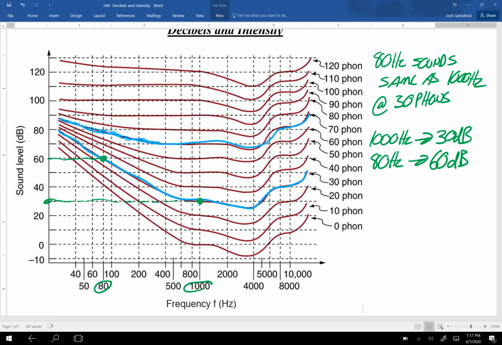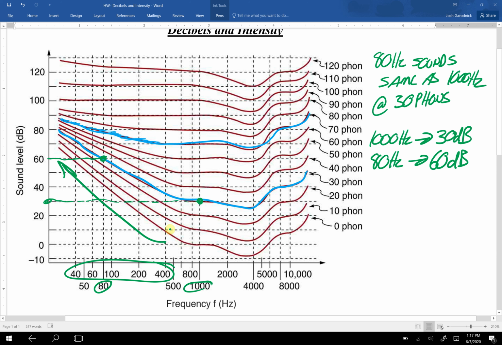But what you got to take away from this is if you look at the trend of the graph, as we get to the lower frequencies over here, the decibel level required to make that sound, remember that relates back to the power, goes up. So what does that mean? It means we don't hear low frequencies very well. We need to crank up that decibel level, the power, so that we can hear it.